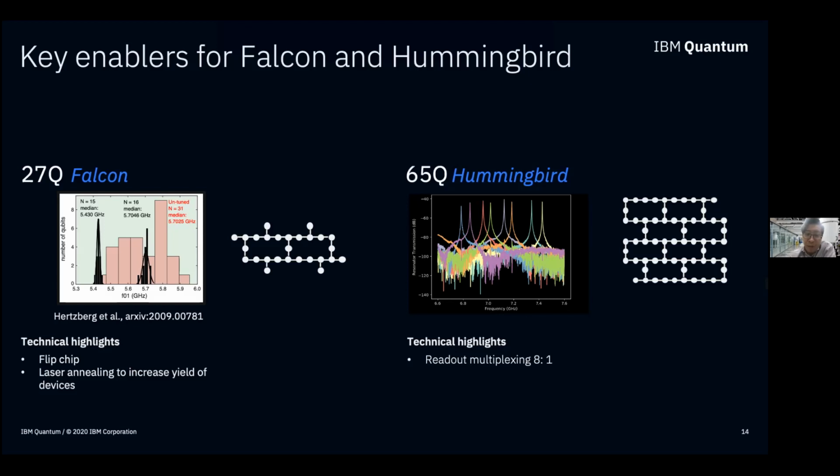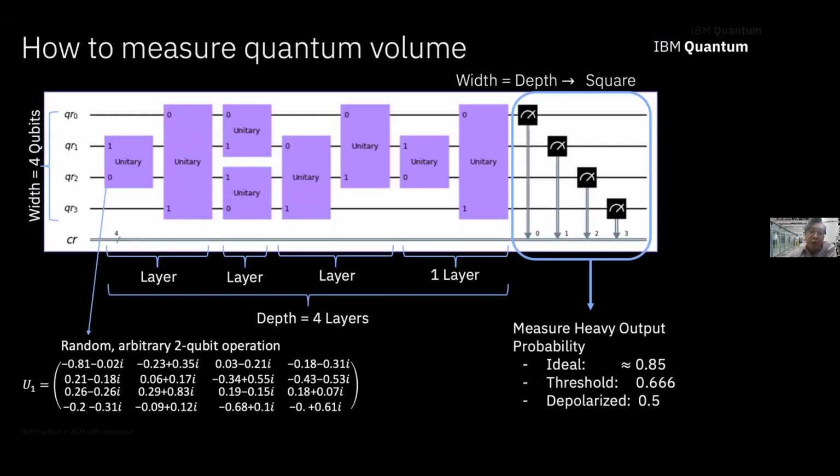And some other interesting advancements, at least in these first systems with Falcon and Hummingbird, has been also not only just scaling, but to push on the quality of the devices. And so with any of these devices, we measure that with quantum volume. Okay, so quantum volume really comes down to applying, it's a little bit like randomized benchmarking, but a little bit more involved in terms of applying random unitaries across a subset of qubits, irrespective of how they're connected.